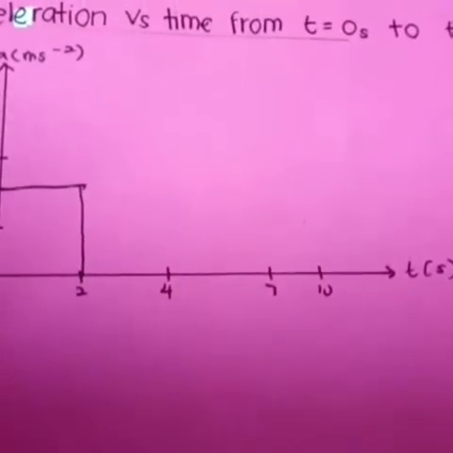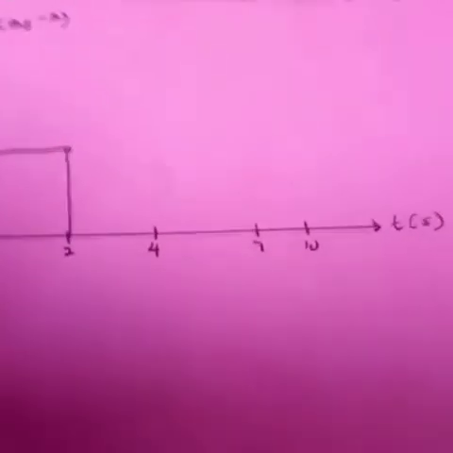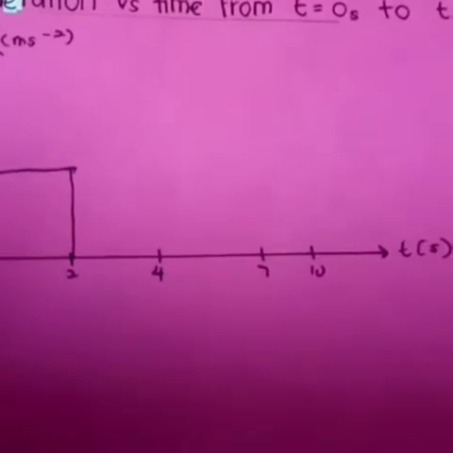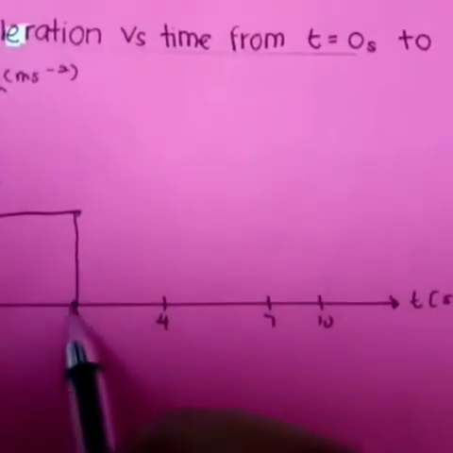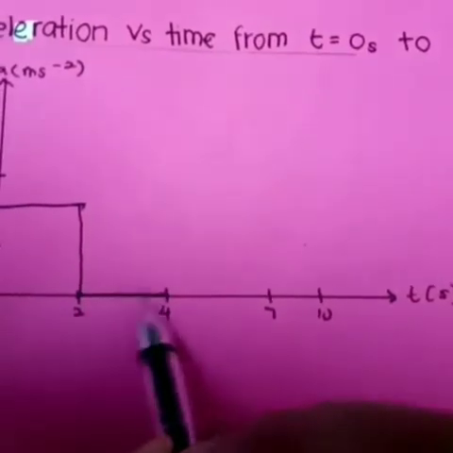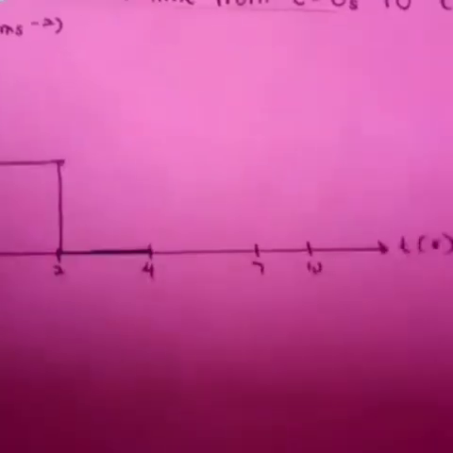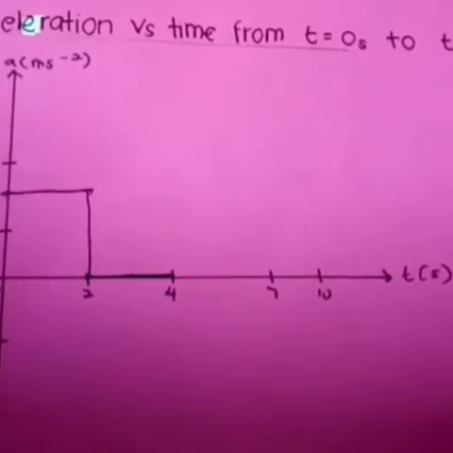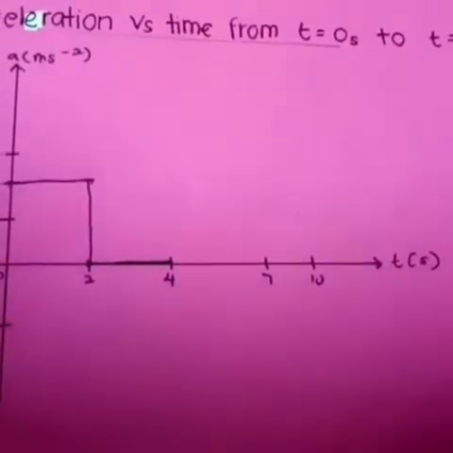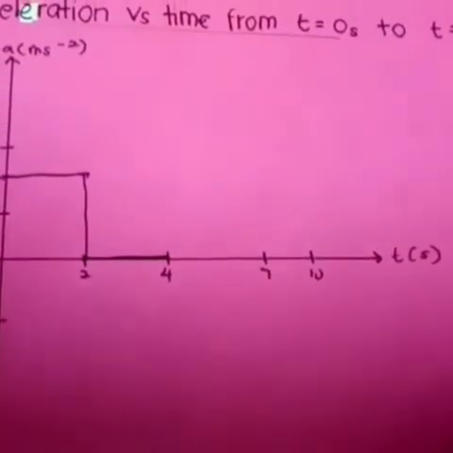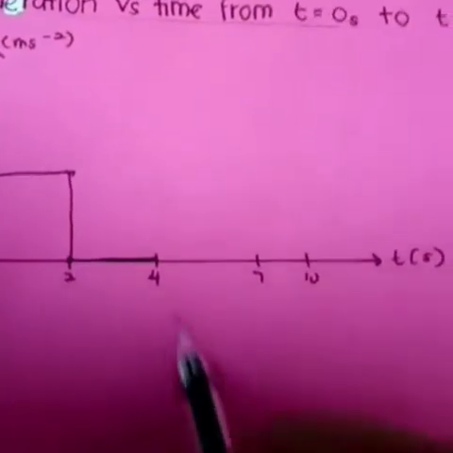So for 2 seconds until 4 seconds, the acceleration is 0. So at this line, a straight line at the x-axis. And then for 4 seconds until 7 seconds, the acceleration is -1, which is here.